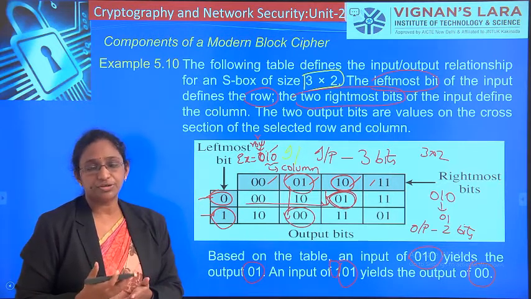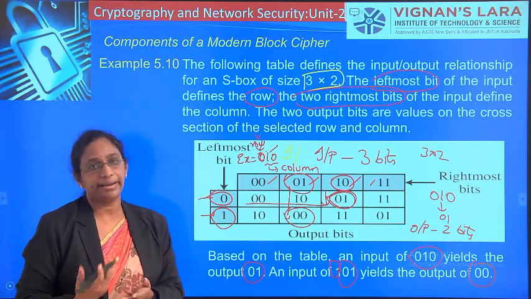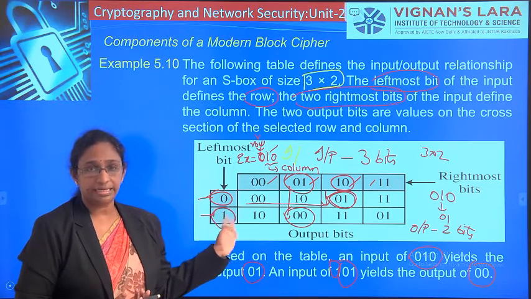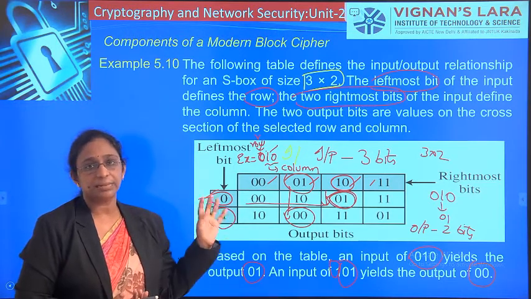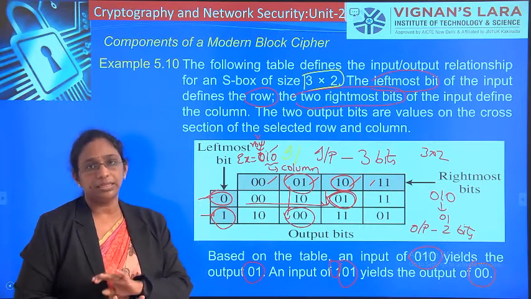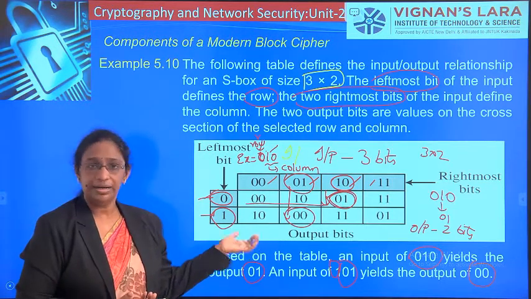We saw three types of P boxes: straight, compression, and expansion. And we saw the S box, which substitutes input bits with other output bits, along with one example of an S box.